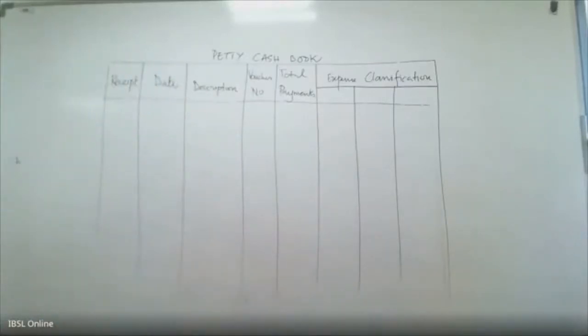So let's look at the example that I have given you, so that will give you an understanding. So look at the question. Record the following transactions in the petty cash book of Martin Limited for April 2019. Column headings are given, but we don't have to worry about it.